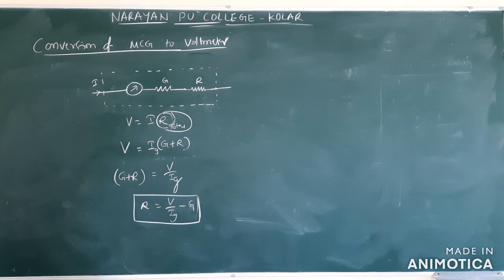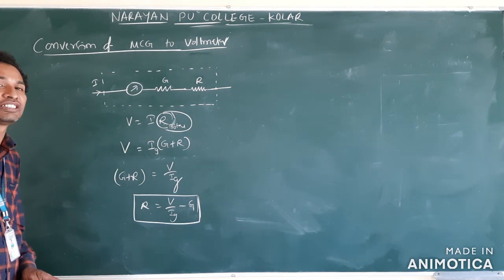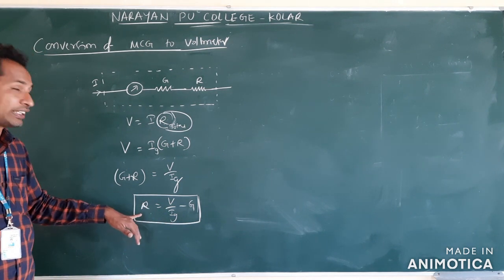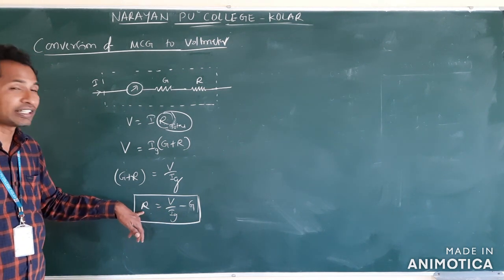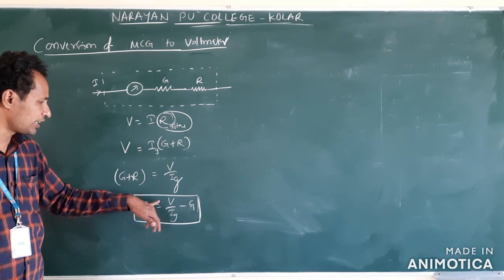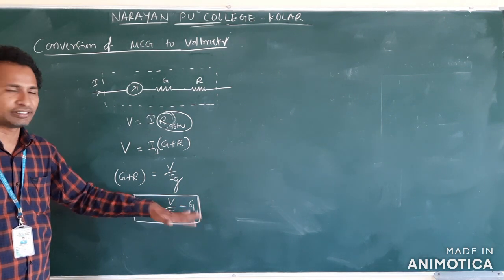The voltage range can be changed by using the external resistance R. Clear? So this formula is R is equal to V by I G minus G.